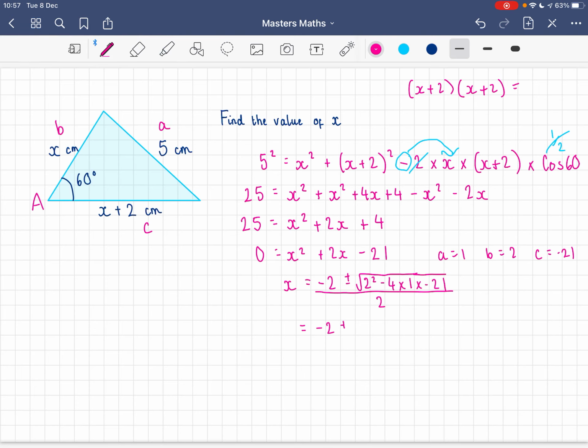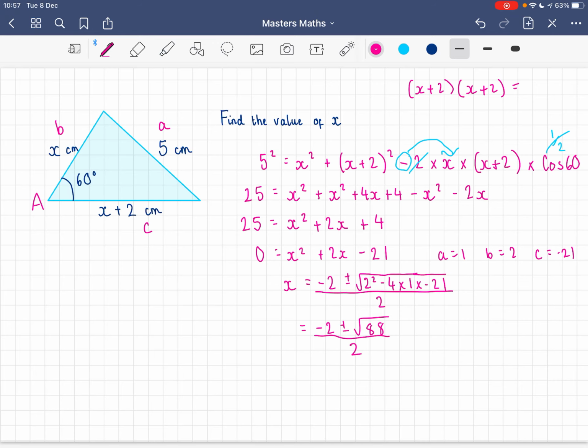Simplify that a bit. Negative 2 plus or minus the square root of 4 times 1 times negative 21 is going to be negative 84, but it's already negative, so 4 plus 84 means I have 88 inside my square root over 2. And now let's work that out.